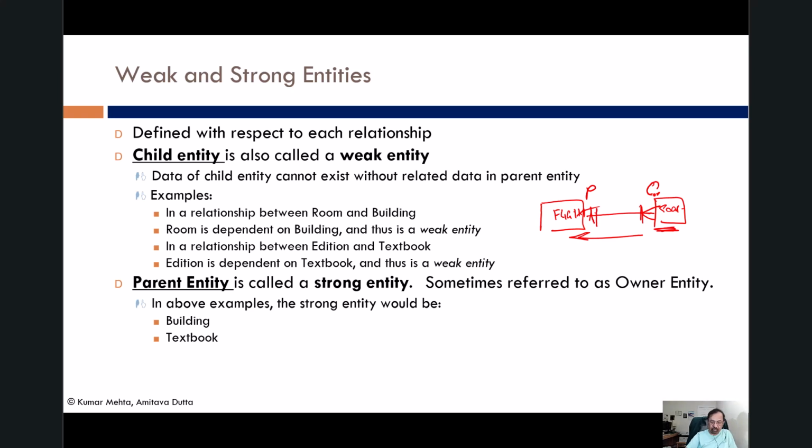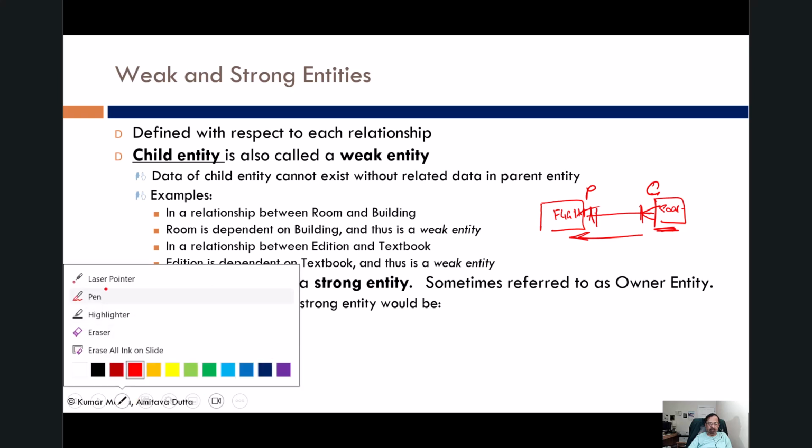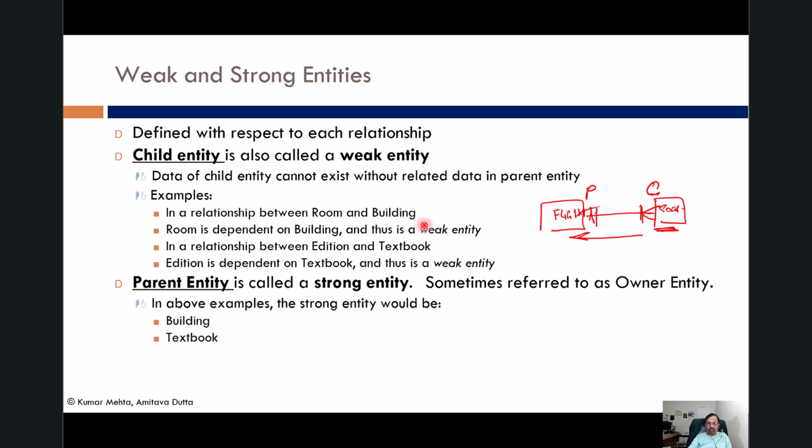With the examples that we have over here, if you have a relationship between room and building, one building has many rooms, so the parent would be building and the child would be room. Similarly, if you look at the relationship between textbook and edition, an edition cannot exist without a textbook.